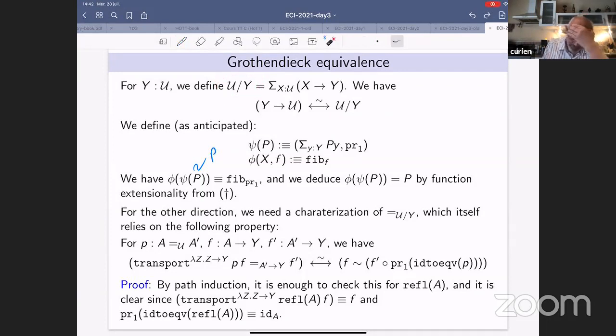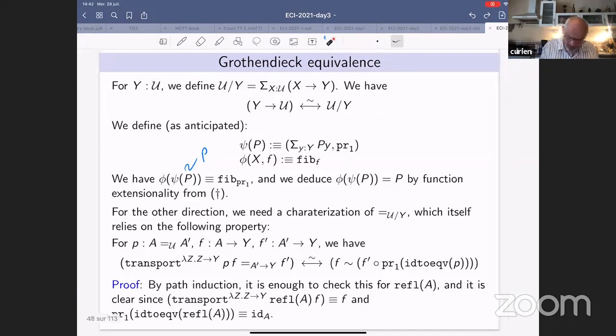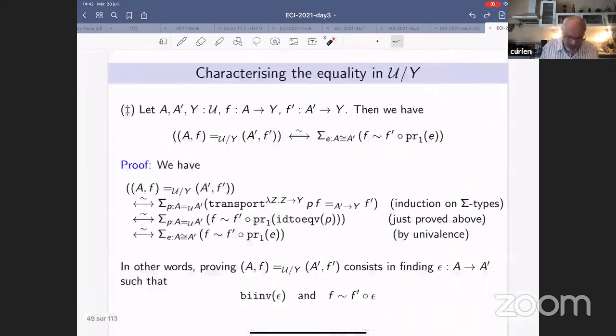So we want a characterization of the equality over this type, U over Y. And here it is, and we are going to prove it. No, this is a preliminary property, so maybe I should go directly here. Yes, here is the characterization.